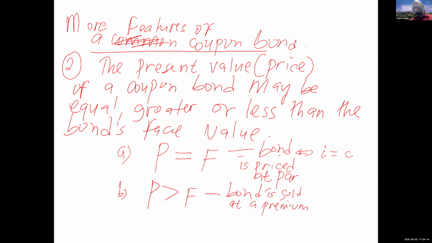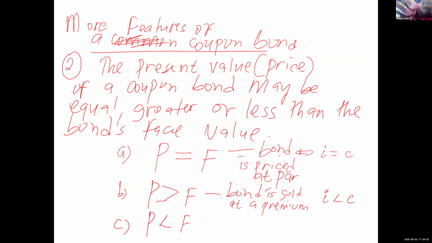The price of the bond exceeds its face value. Then the interest rate on this bond is going to be less than the bond's coupon rate. That relationship is always true. Anytime the yield on the bond is less than the bond's coupon rate, the bond is priced above par value.